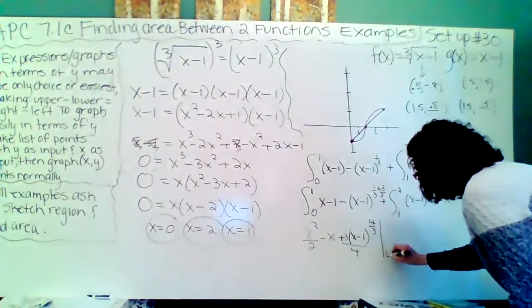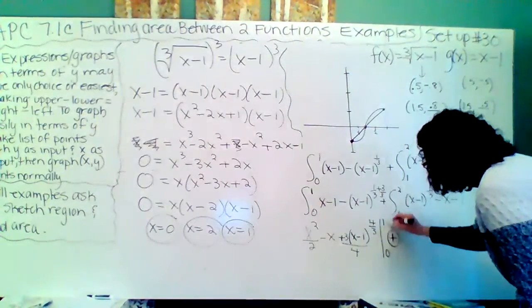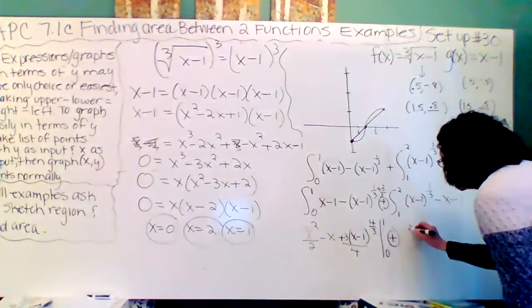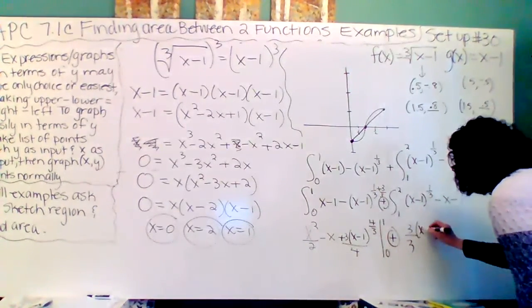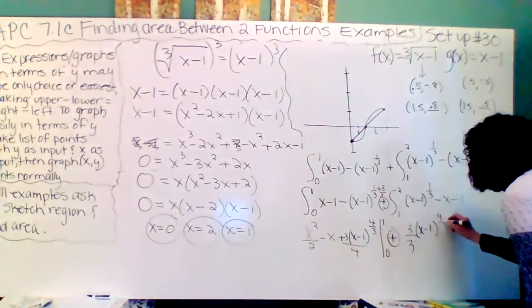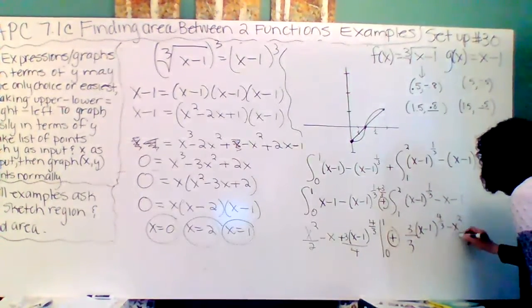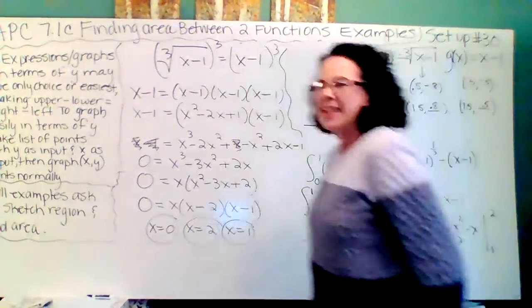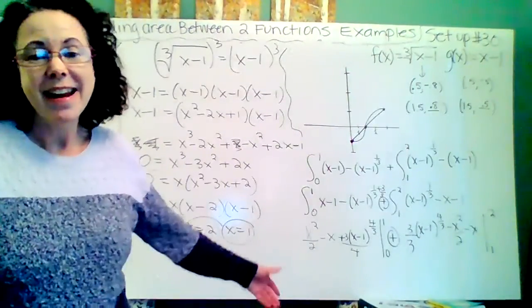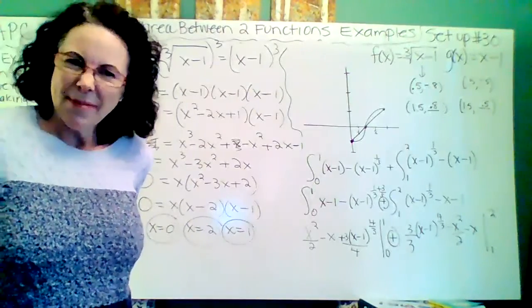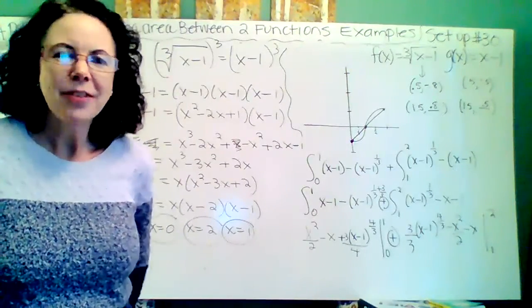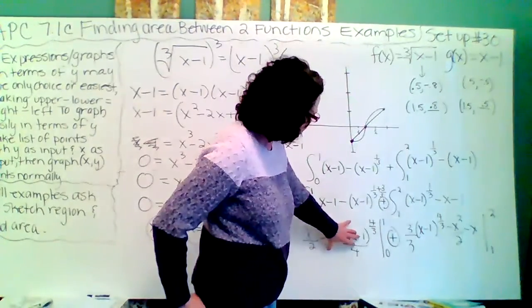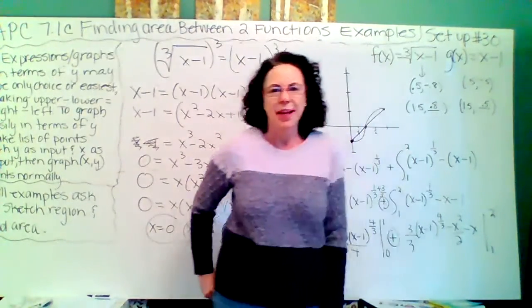We will evaluate this from 0 to 1, plus, and I already integrated this, so I know what that looks like: 3/4 (x minus 1) to the 4/3 minus x squared over 2 minus x, evaluated from 1 to 2. That's a lot going on. I did an extra step because I messed it up, so I thought I'd do a little bit more so you don't have so much to do. So f of b minus f of a here carefully, f of b minus f of a there carefully.